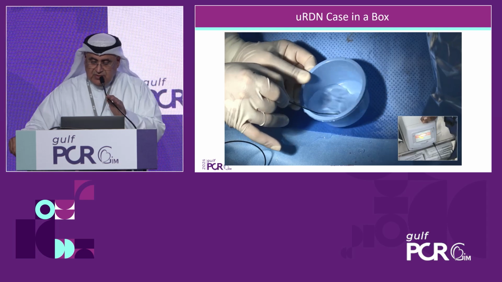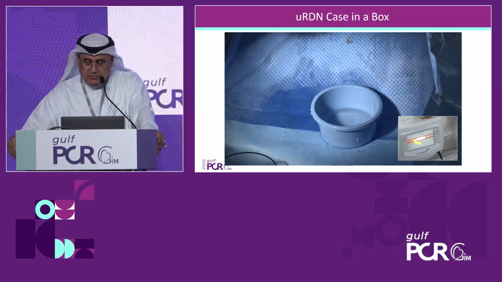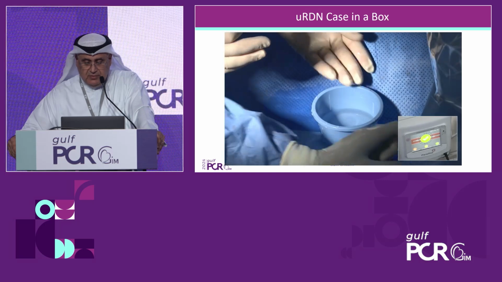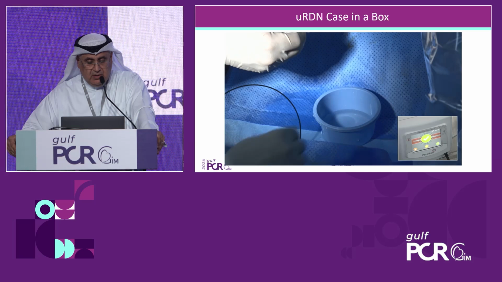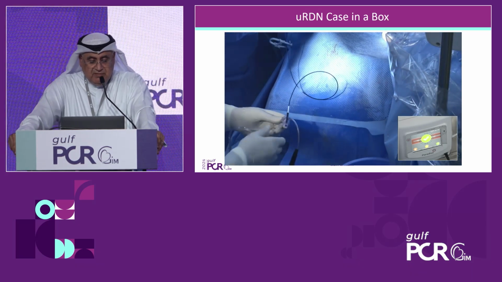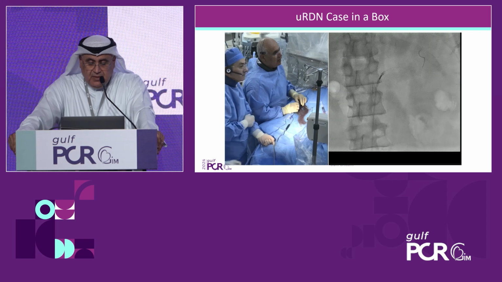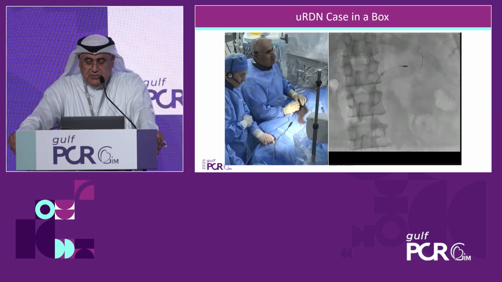On the right side, we can see the generator. It tells you step by step where you are. Once you have inflated or cooling, it gives you the marker exactly step by step where you are. And then we use a 7 French guiding catheter. And here we can see easily deliverable balloon or the transducer.